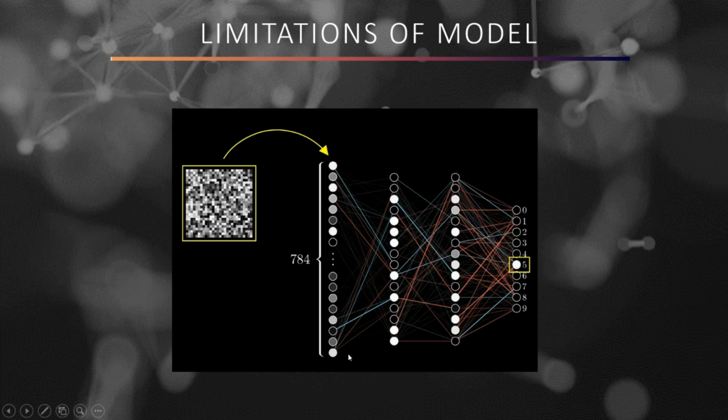If our neural network were intelligent, it would say this image does not contain any number, so I can't find any number, or light up multiple nodes at the same time. But it does not behave like this. It will show some confident value if we input a random image, and it will confidently activate some node. So this is one of the limitations of this basic multi-layer perceptron network.